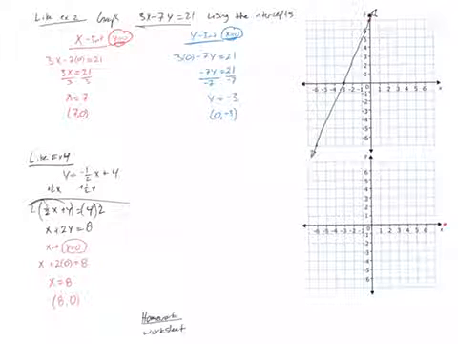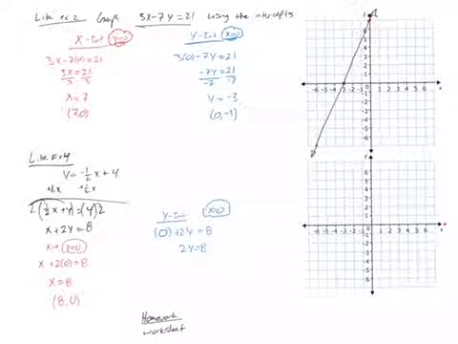And to find the y-intercept, again, remember that means that x is equal to 0. So I'm going to use this equation here. 0 plus 2y is equal to 8, where 2y is equal to 8, divide by 2, y is equal to 4.